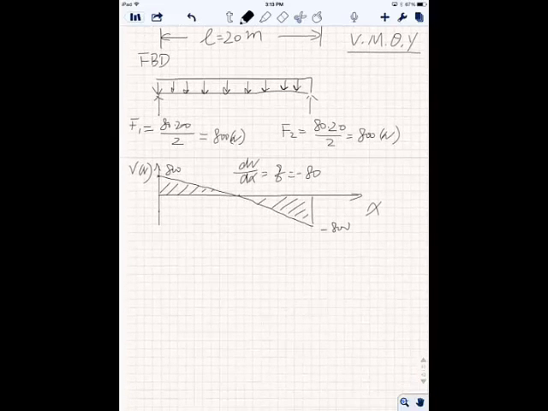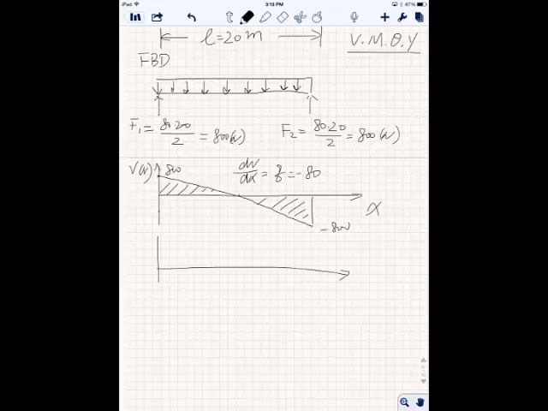All right, so q equals negative 80, right? So it goes downwards. That's what it looks like. Okay, x. So next, let's look at the bending moment inside of it. The moment has a unit of Newton times meter. As we know, it should look like this.